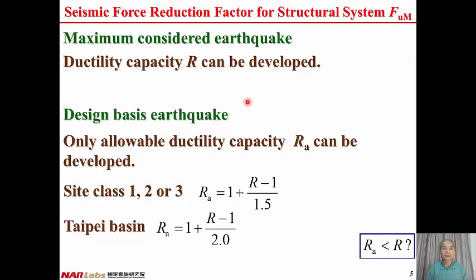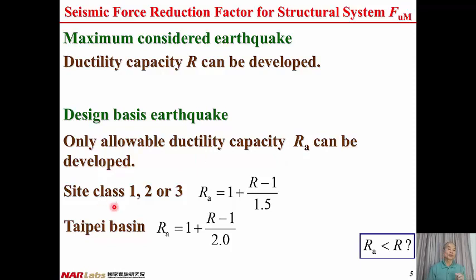For maximum considered seismic force, it corresponds to the maximum considered earthquake level, and the ductility capacity can be fully developed. For design-based seismic force, it corresponds to design-based earthquake, and only allowable ductility capacity RA can be developed.